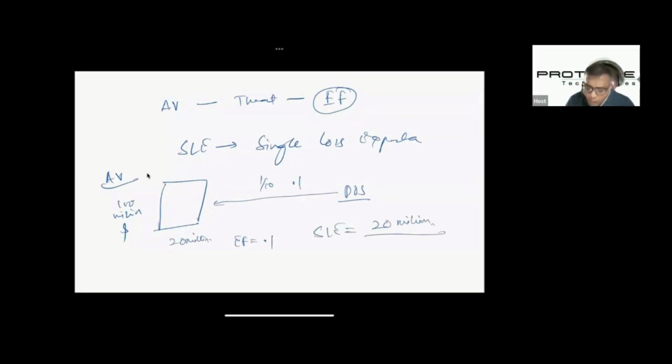Now, how many times does this denial of service attack take place in a year? The rate at which it happens yearly. If it happens 3 times in a year, then my annual rate of occurrence is equal to 3. Therefore, my loss in a year would be ALE, that is annual loss expectancy, which is SLE, single loss expectancy, into ARO. That means I'm going to have a $60 million loss.